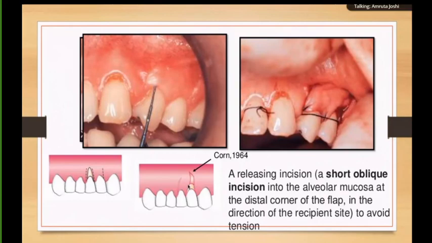Now you will ask what will happen to the tooth from where we have removed the gingiva. We have just raised a partial thickness flap. When we raise a partial thickness flap, the underlying connective tissue is always attached and it will heal by secondary intention. So we'll get attached gingiva on both the teeth at the same time.